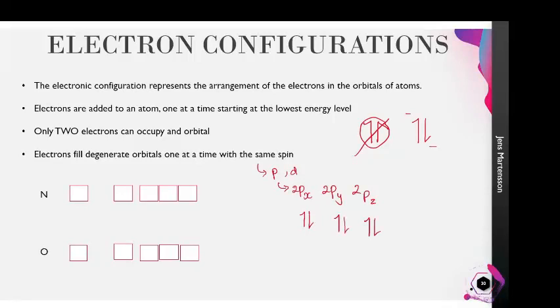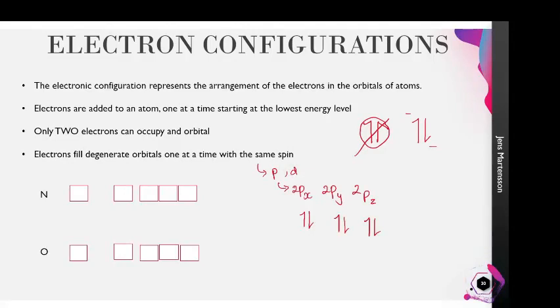Alright, our first practice question will be nitrogen, and we remember that nitrogen has 7 electrons.